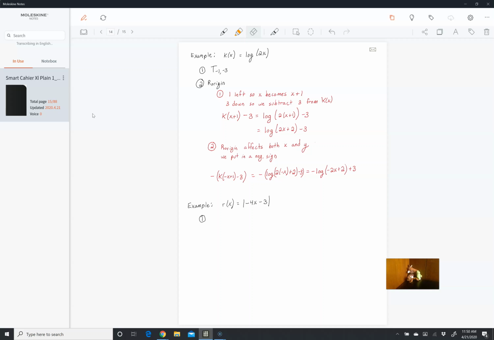Let's do another dilation and translation. So this time, let's translate (4, 1), and then we'll vertically shrink by a factor of 2.